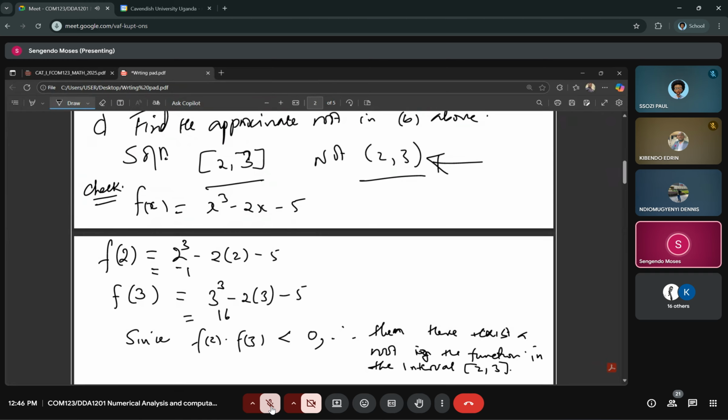So that is the conclusion. You check for f(2), check for f(3), and then you write this, and finally you conclude like that. That implies that there is a root in that interval.